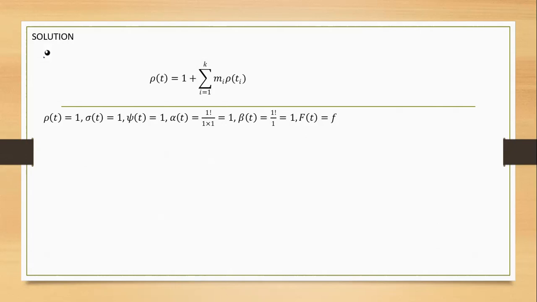Now let's look at when we have two dots. That is, we have a root and a leaf. Our order of this tree, from the formula of the order, is 1 plus the summation of i from 1 to k of mi times the order of the leaf.